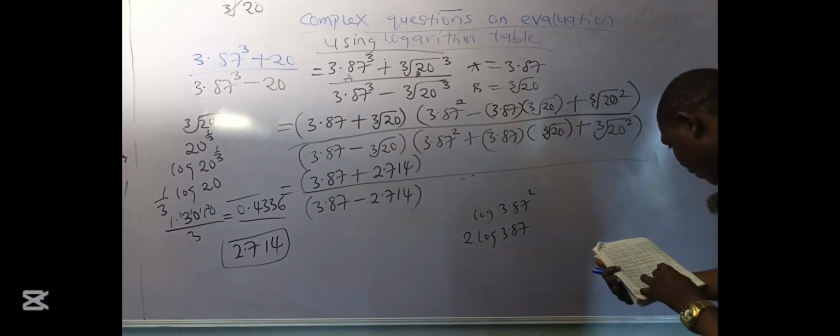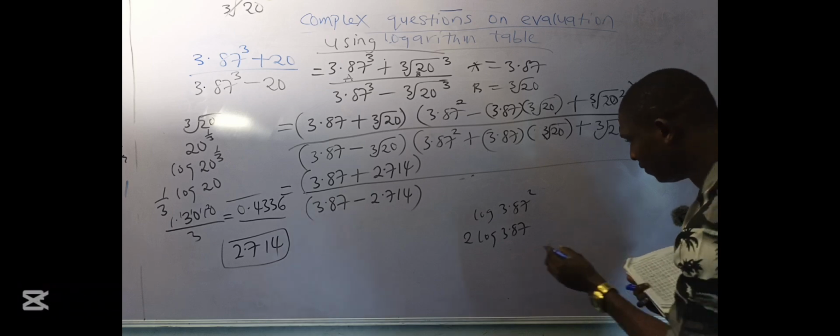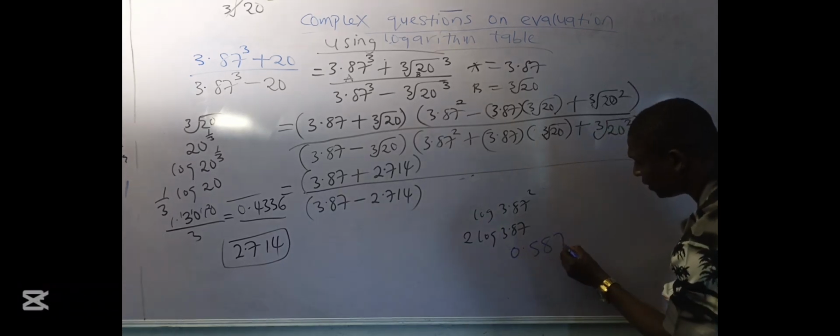Since we've used log, let's see. Okay, this is the antilog, sorry. So log of 38 under 7 gives me 5877.